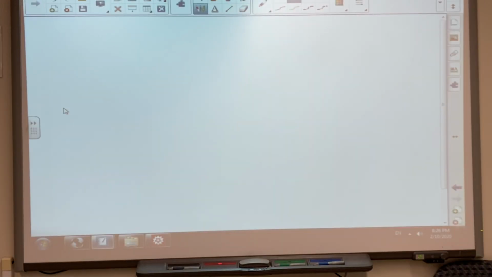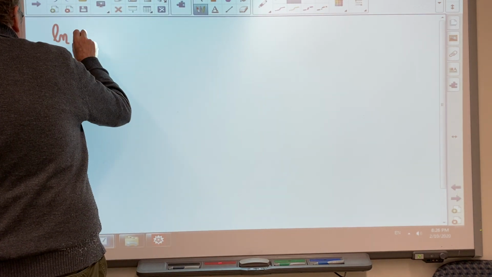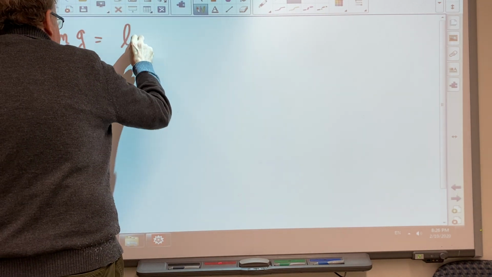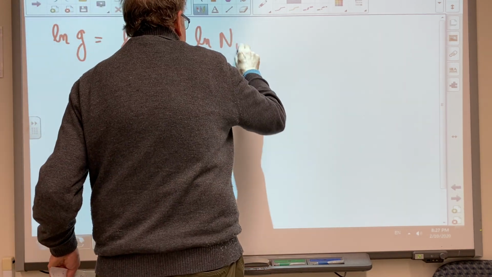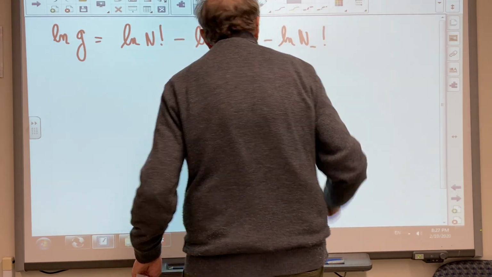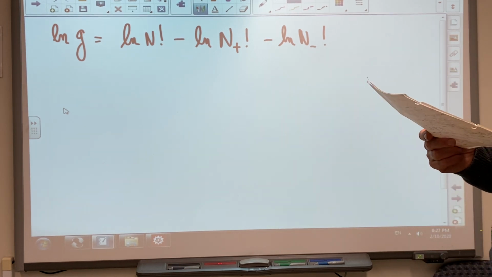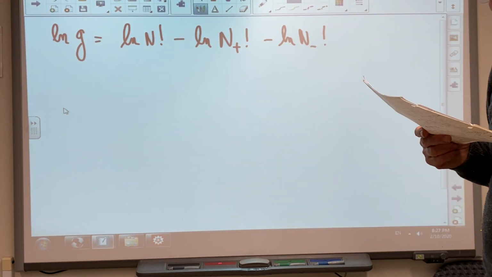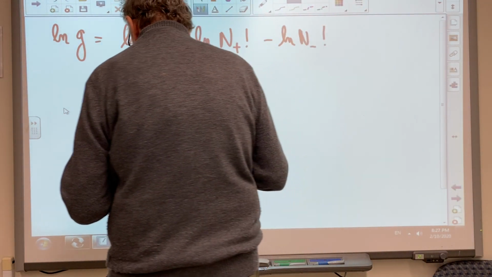Okay, so remember that I had 3 factorials there, because my ln of g is ln of n factorial minus ln of n plus factorial minus ln of n minus factorial. That's the expression I have, and in each one of those 3 terms I will use the Stirling approximation. So that's what I'm going to do now.